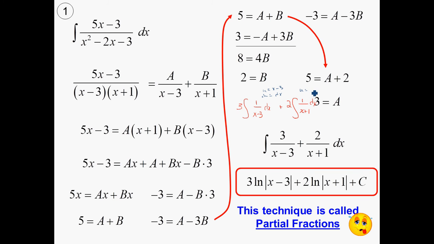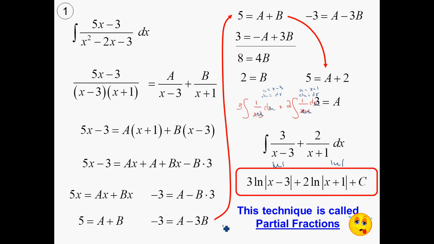For this one, u is x plus 1, and du is equal to dx. So this is 1 over u, du. And what is the antiderivative of 1 over u? It's ln of u, absolute valued. And I do need the absolute value signs because x minus 3 is the linear function that has ranges that are both positive and negative, and the same with x plus 1. And of course my plus c.